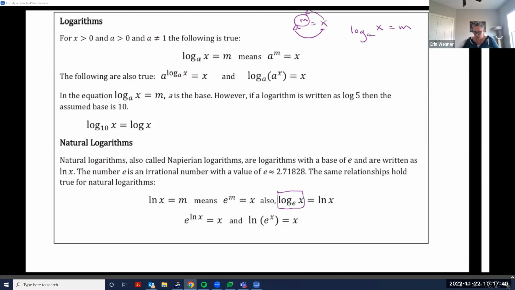But I would encourage you to get comfortable with using ln when you see e, just because they are inverses of each other and that's what we should be relating to each other. You can use log, but you'd have to specify that it's base e if you were putting that into your calculator. So I encourage you to use the natural log, the ln, when you see e present.